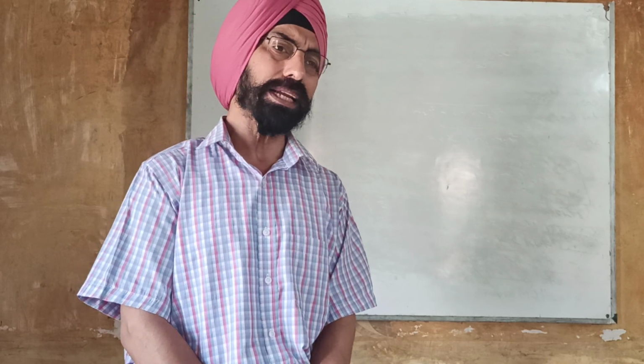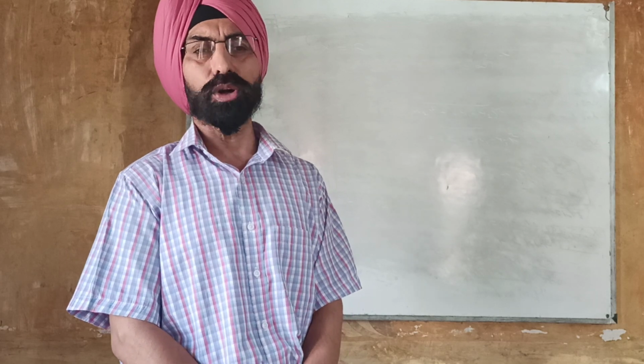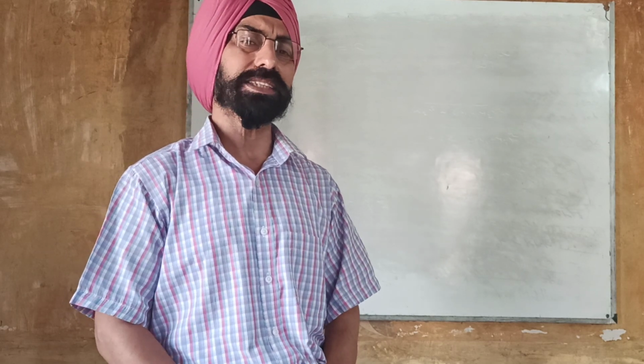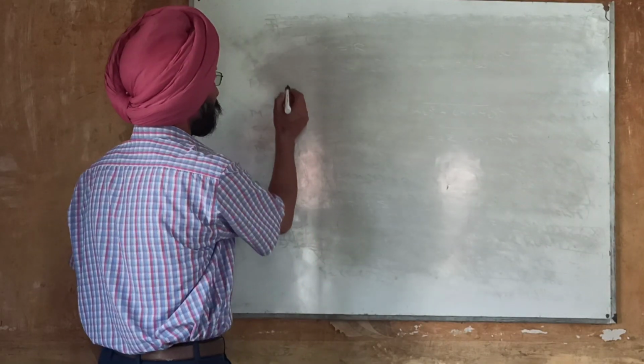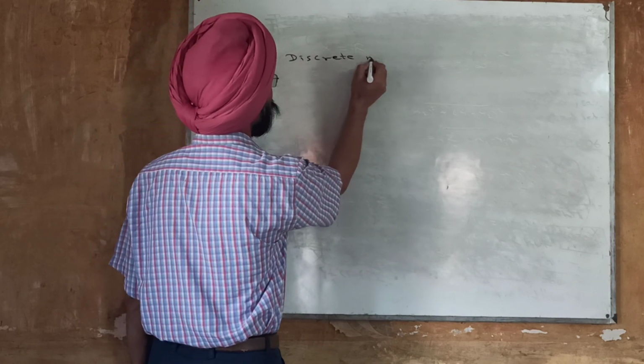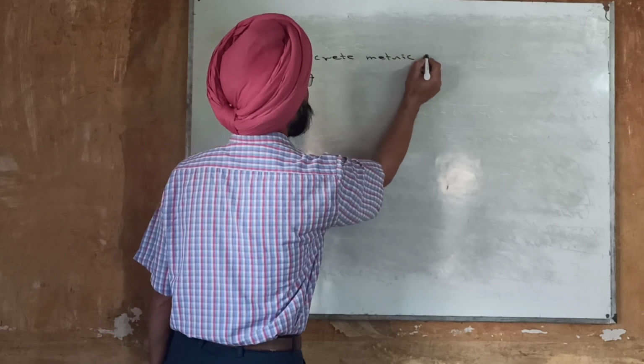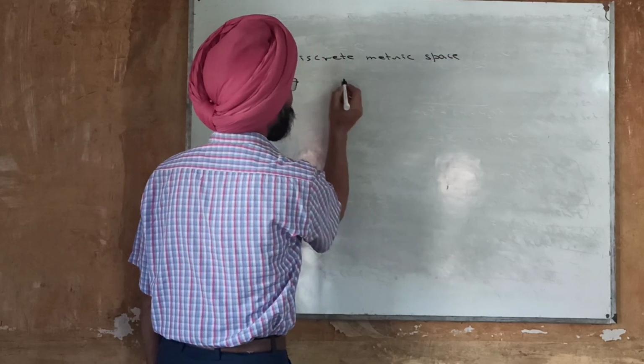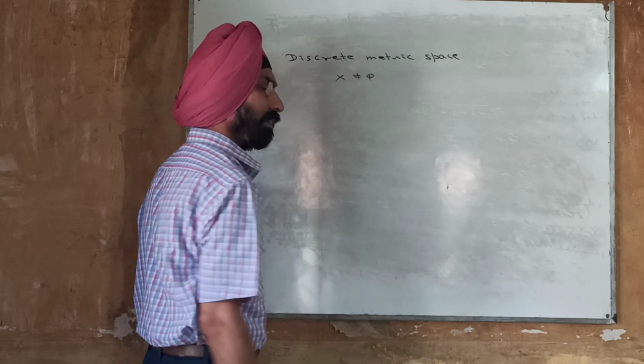Then this will again be a metric, and the surface of the earth as a set of points will be a metric space. Another important example of metric spaces is the discrete metric space. So what is the discrete metric space? Let X be any non-empty set.